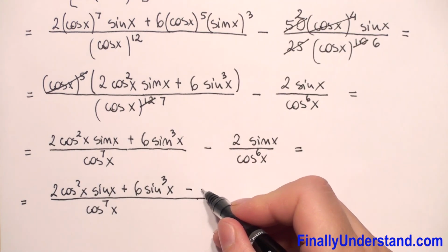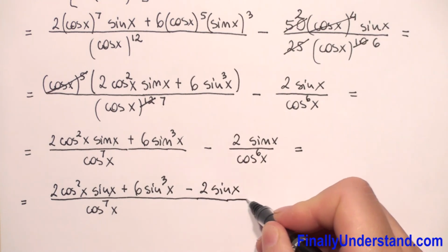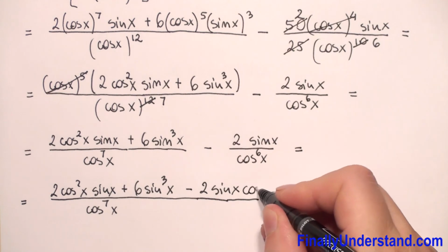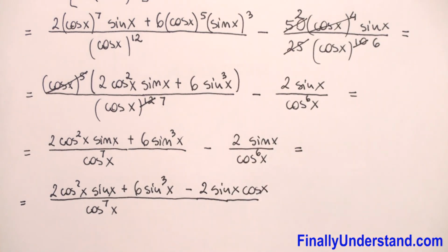So it will be minus 2 sine x times cosine x. This is my solution.